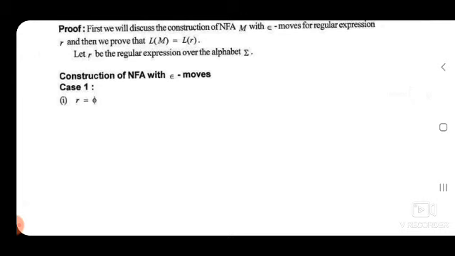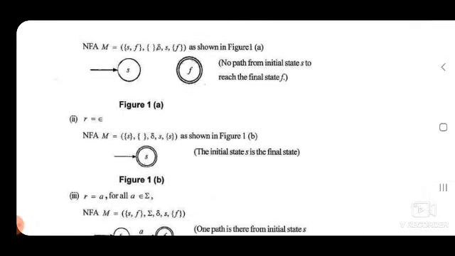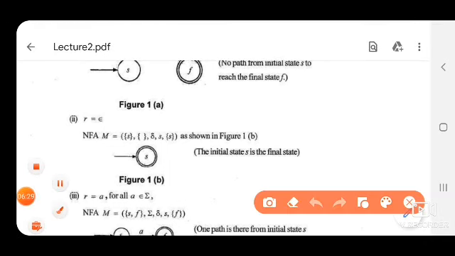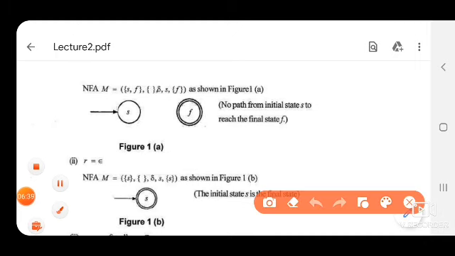First, construction of NFA with null moves, case 1. In the first case, let's suppose phi is a regular expression, then how do we represent phi? Okay, let's see. Here see, two states are represented.